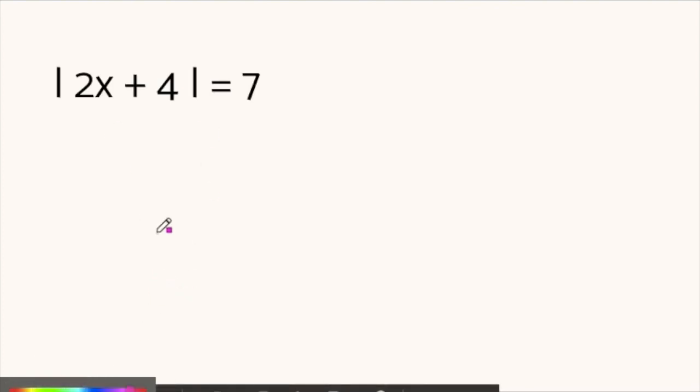Now let's do some questions. Our first is going to be an equality to make it easier and get us into understanding the concept of absolute value.